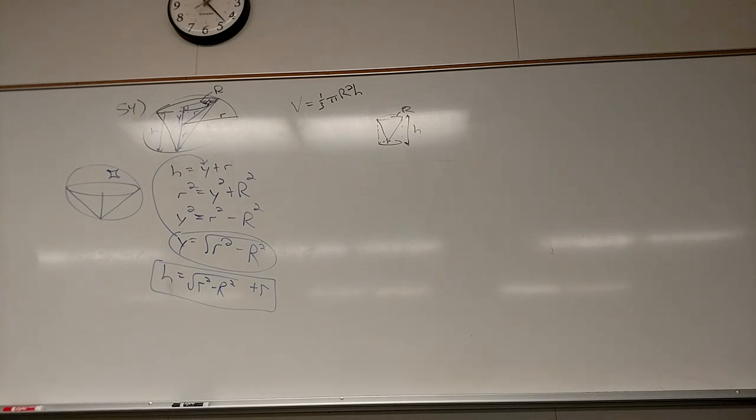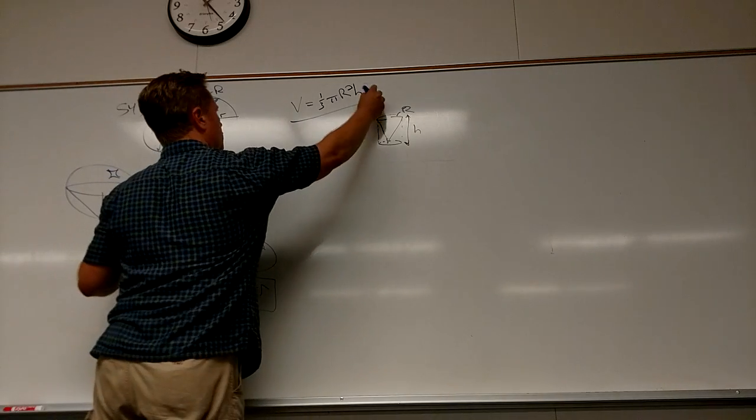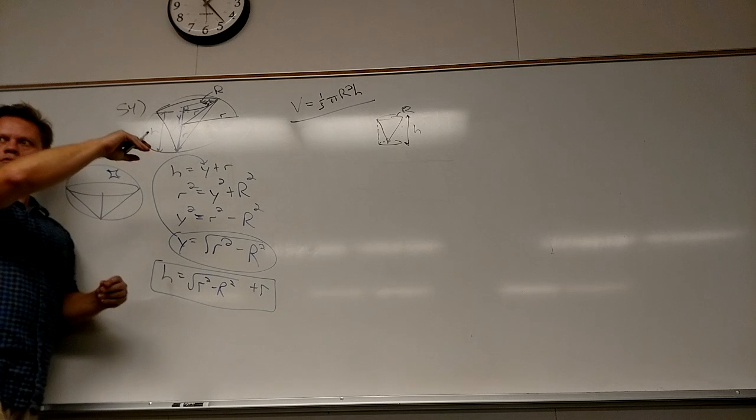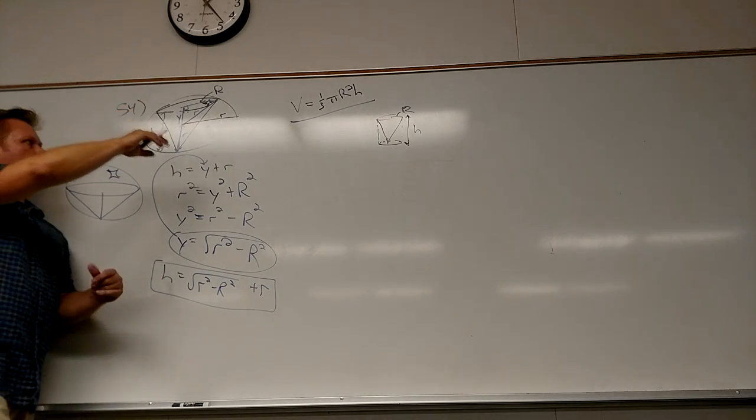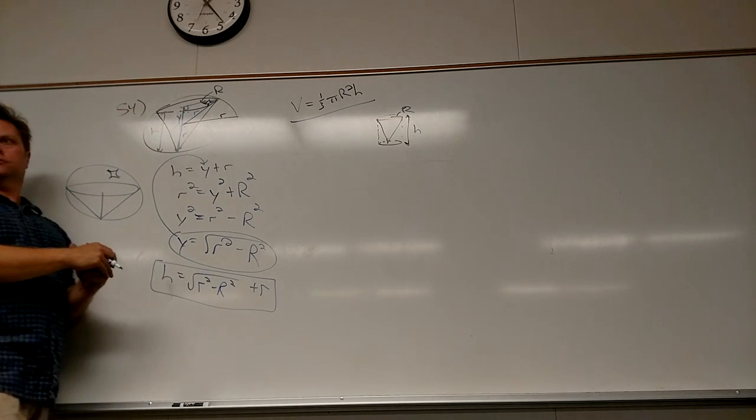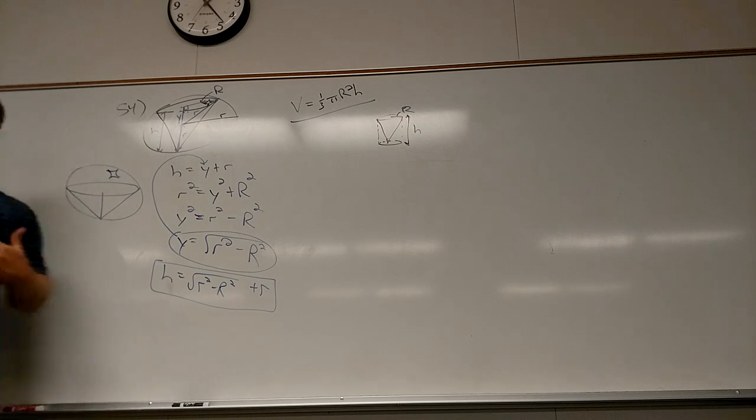But let me stop. The most important thing you have to get out of a problem like this is, why have I done what I've done so far? If I gave you this kind of problem, you'd have to be able to do everything I've done yourself. So what motivated me to do all these things? I have an equation with too many unknowns in it. I need to equate them both to little r somehow, because that's the only parameter I'm given.